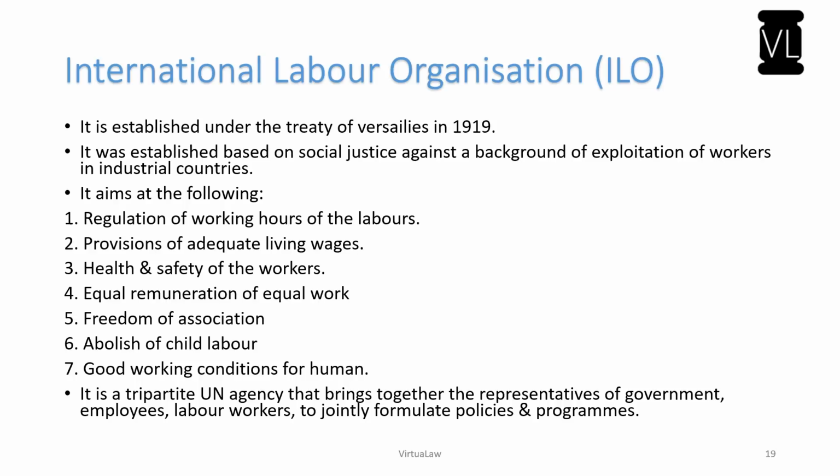So these are the 7 aims which have been adopted by the ILO, which are fair and easy to remember as well. One thing you need to recollect and write in your exams is that the ILO is a tripartite agency.